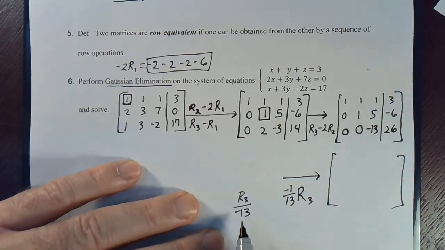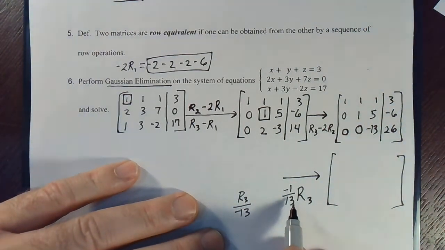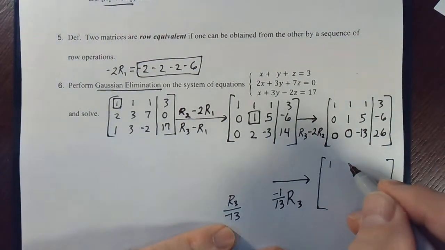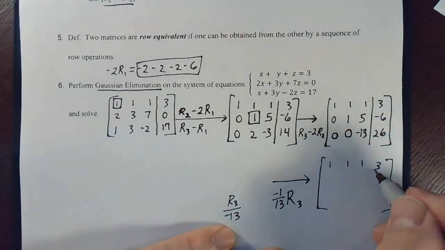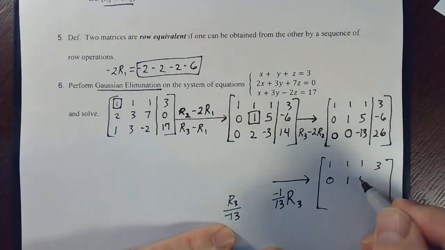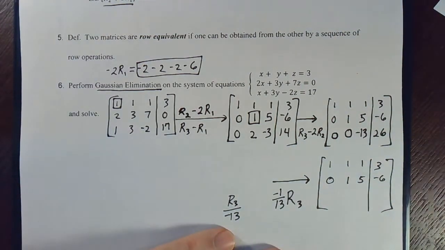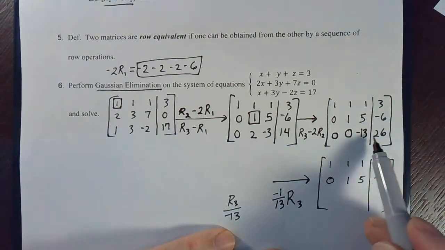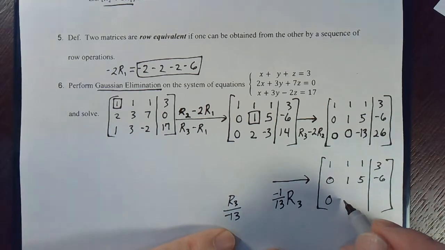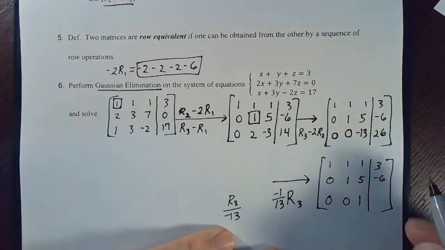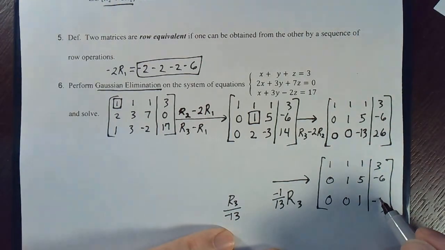We're dividing it by negative 13, which is the same as multiplying it by negative 1 over 13. So row 1 and row 2 stay the same. It's the third row that changes. All we're doing is dividing by negative 13, so it gives me a 0, 0, 1, and then 26 divided by negative 13 would be a negative 2.